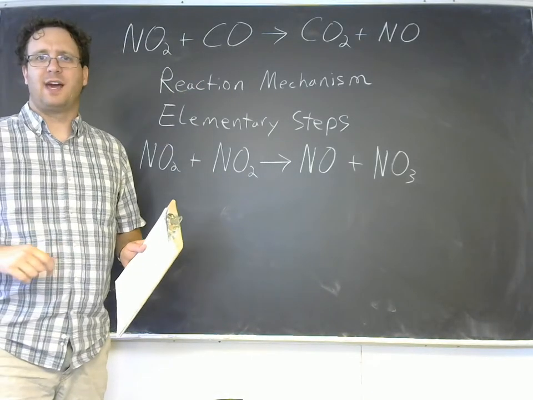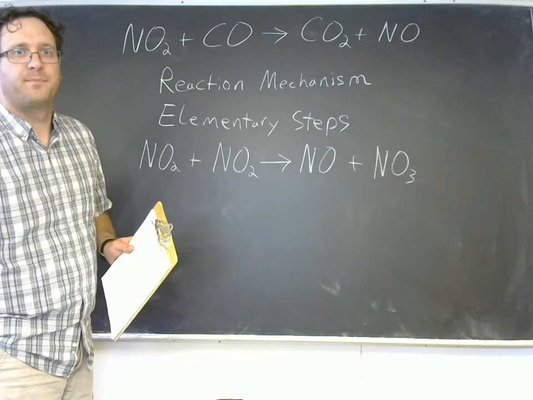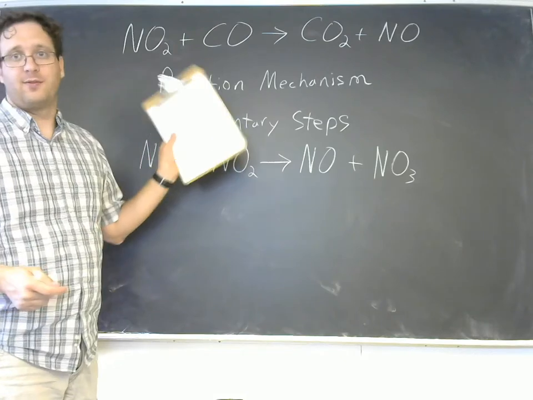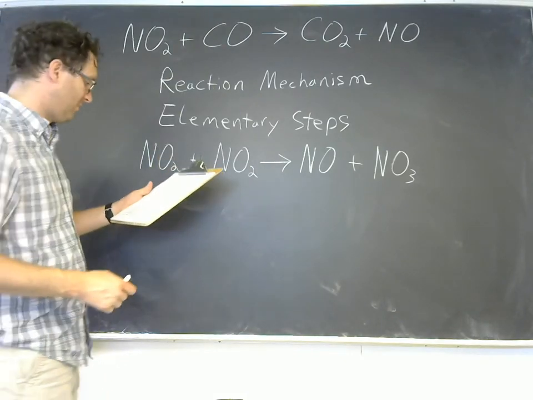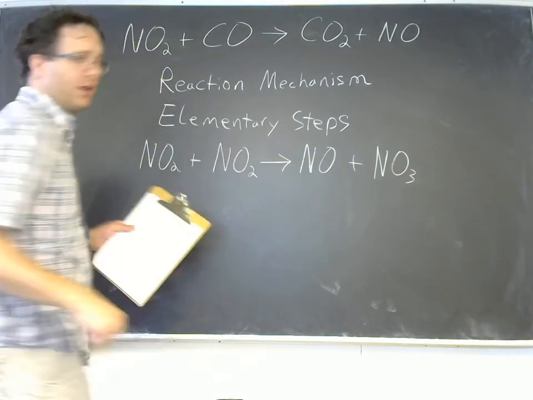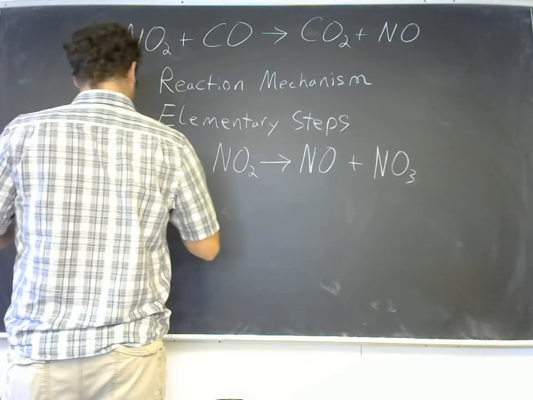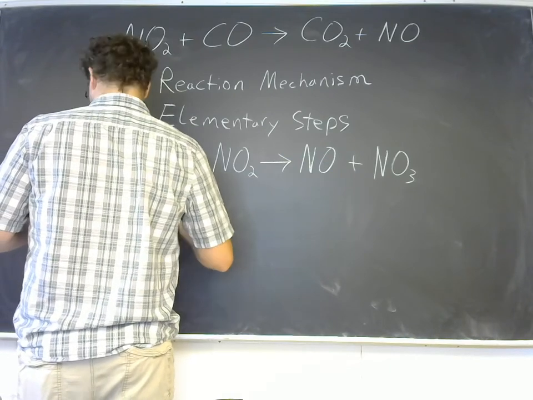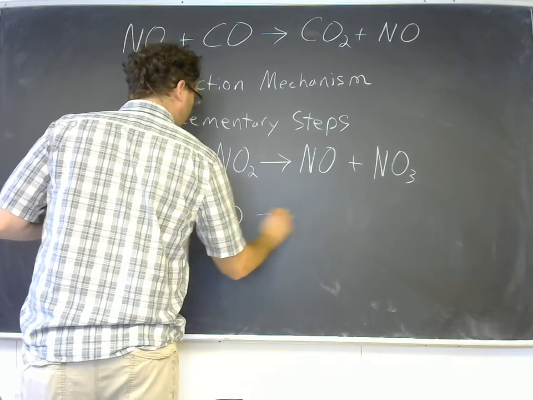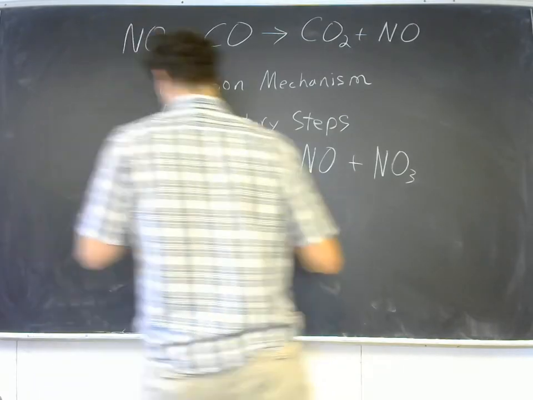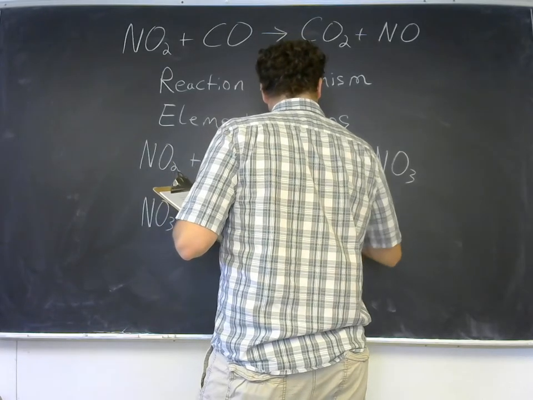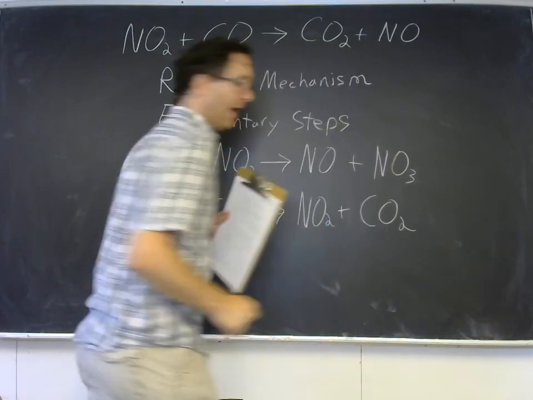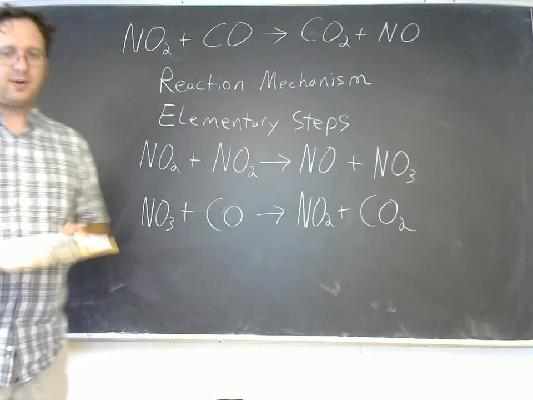I'm leaving off the gas just because all of our reaction mechanisms that we're going to investigate for the first little bit here are gas phase. Of course, that's not the products we're looking for. So there is a second step, and that is that nitrogen trioxide is then going to encounter the carbon monoxide and exchange an oxygen to make nitrogen dioxide and the carbon dioxide. And that is the proposed reaction mechanism.